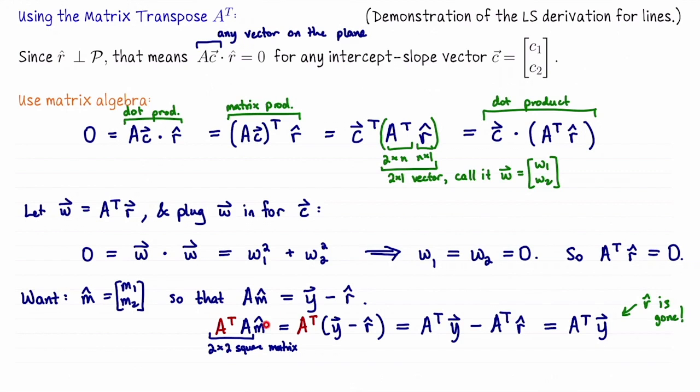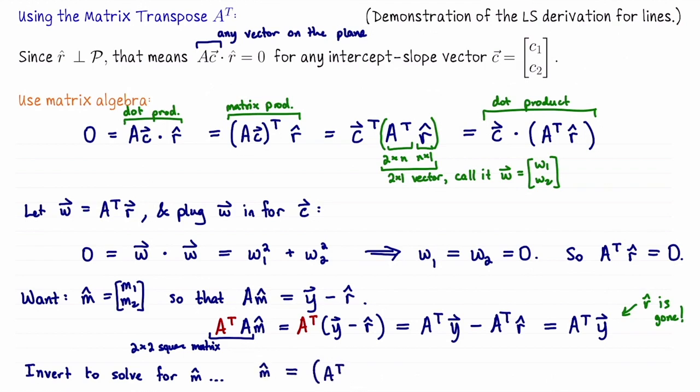That means in this equation, A transpose A times m equals A transpose y, we can now invert A transpose A to solve for m. We get the resulting least squares formula for the coefficients of the line of best fit. We say m hat equals A transpose A inverse times A transpose times y.